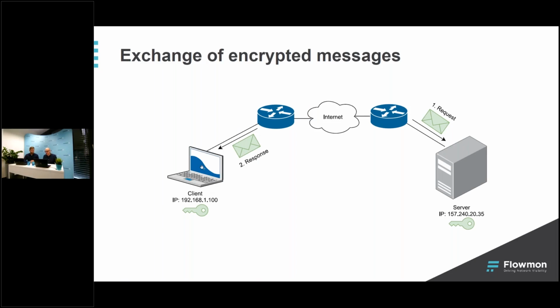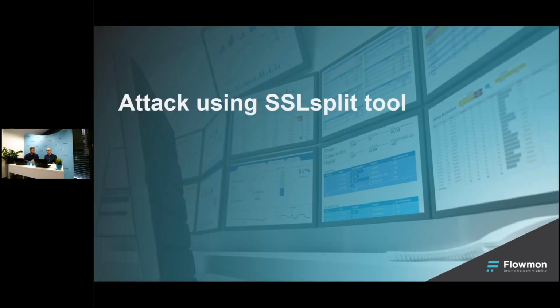Now, when the client sends a request, it will use the shared key to encrypt it and send it to the server. The server uses the same key to decrypt the request, read it, and send an encrypted response. Standard communication. That's how it usually works.